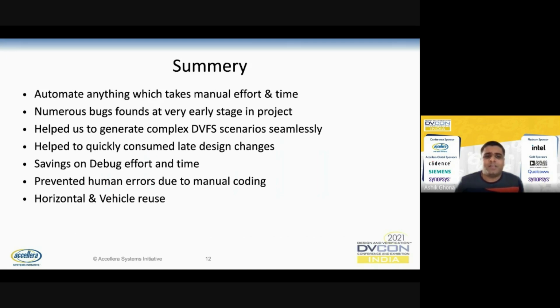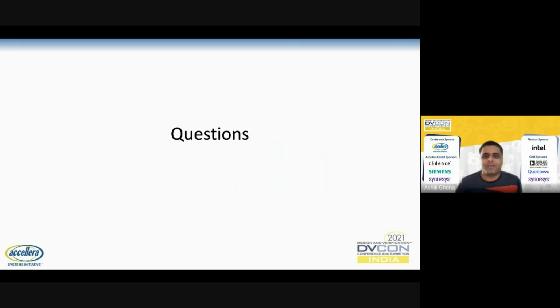Ultimately, it helped us save a significant amount of debug time, because it prevented human errors which can happen due to manual coding of these configurations and checker binding. And yes, it helped us enable the horizontal and vertical reuse. Thank you.